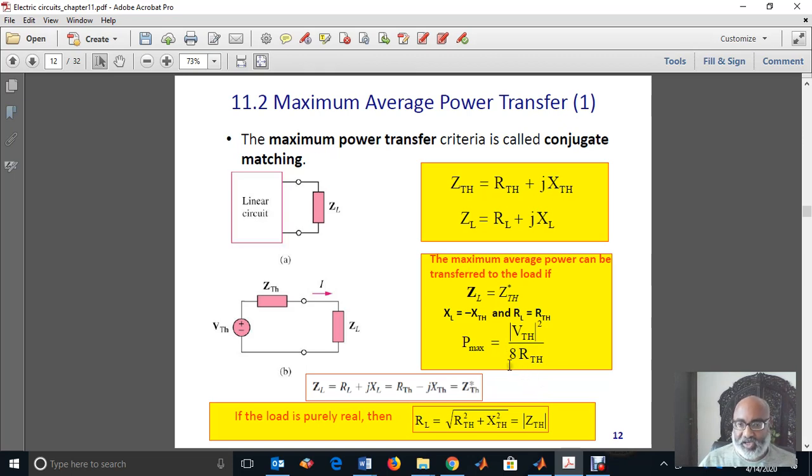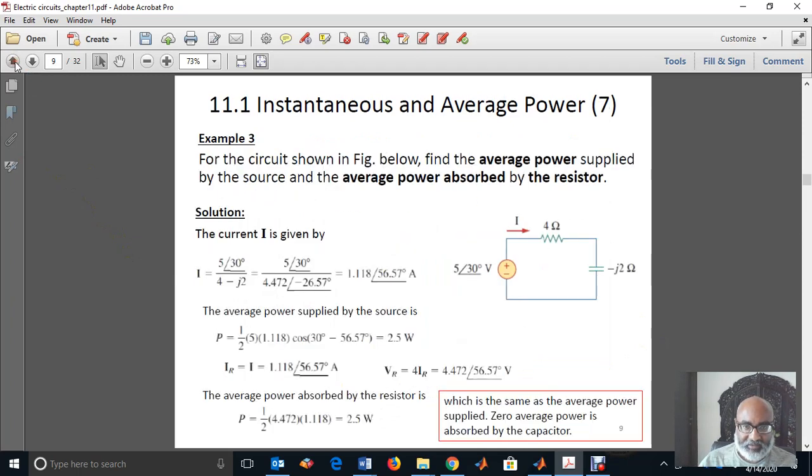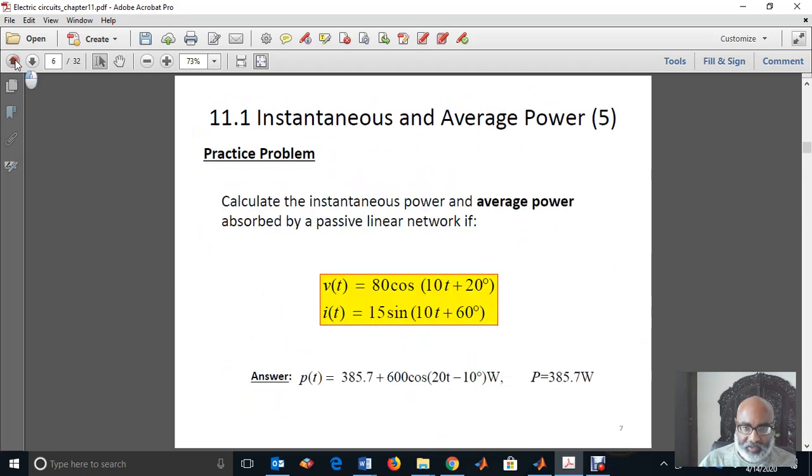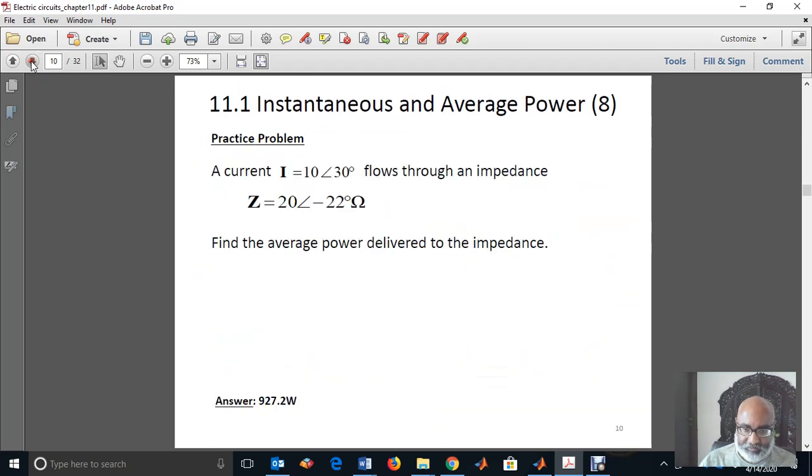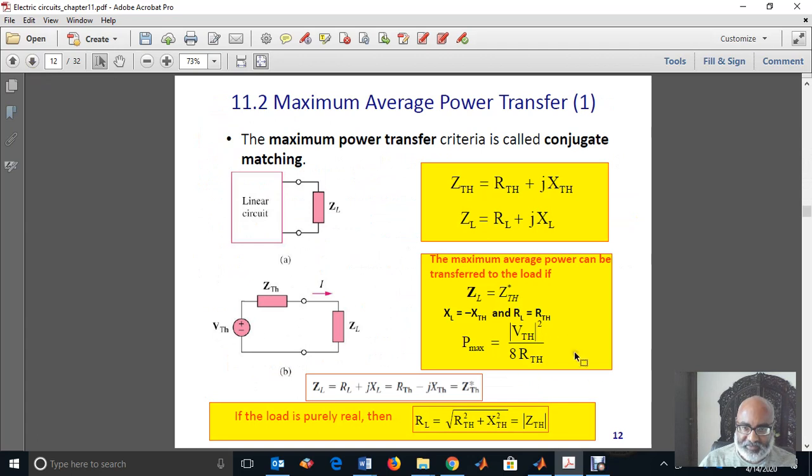Because in this chapter we are dealing with AC, and for AC we have the 1 over 2 factor. Remember, the formula for the power is P equals 1 over 2 times real of V times I conjugate. Because of this 1 over 2 factor, we have 2 times 4, which is 8. That's why it becomes 8 in this calculation.